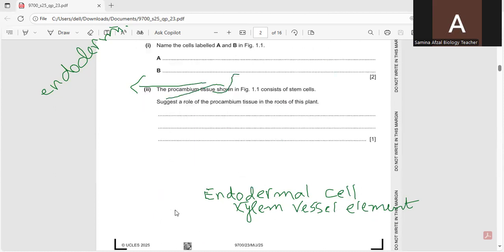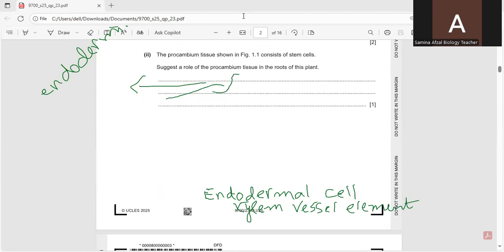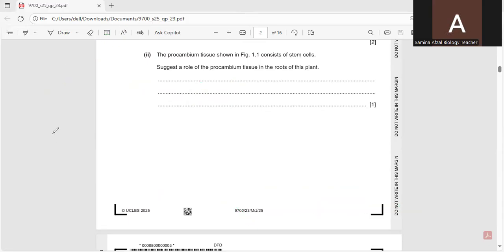The next question is about the procambium. Procambium tissue has been shown in the diagram. The procambium tissues consist of stem cells; suggest a role of the procambium tissues in the roots. Stem cells have the ability to differentiate into other cells.